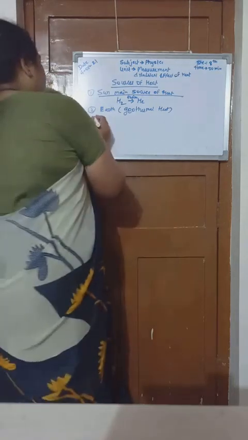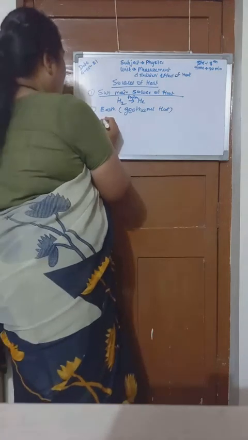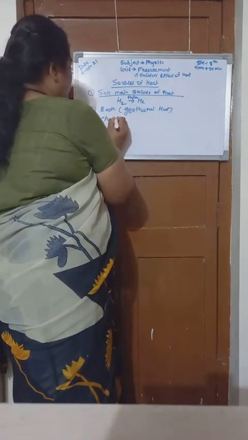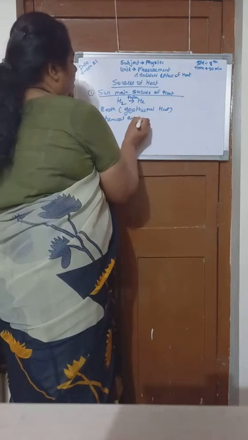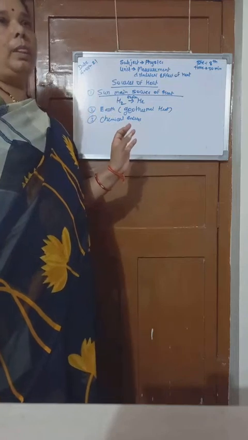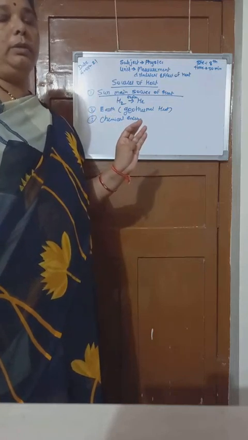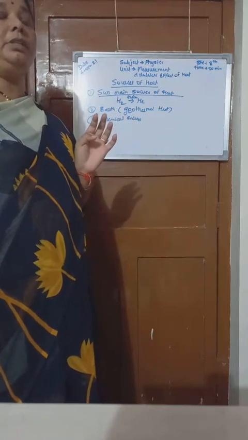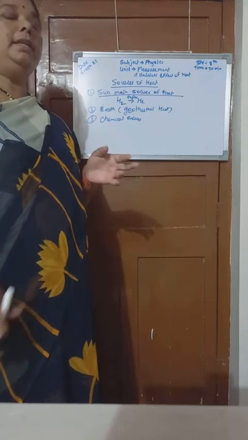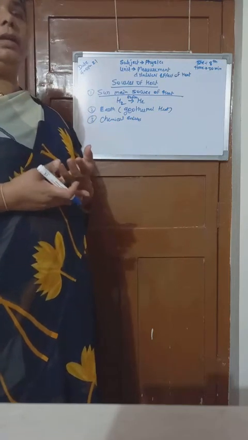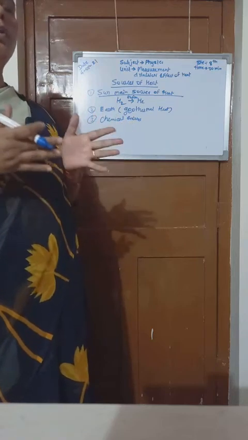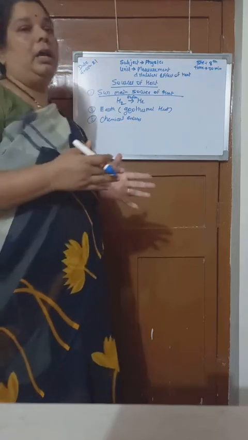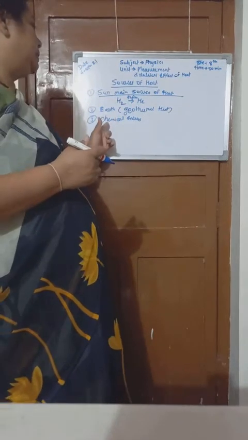Okay. Third is chemical energy. We know wood and coal. If we burn this fuel, then there is production of heat, because in fuel, that is wood or coal, there is chemical energy.